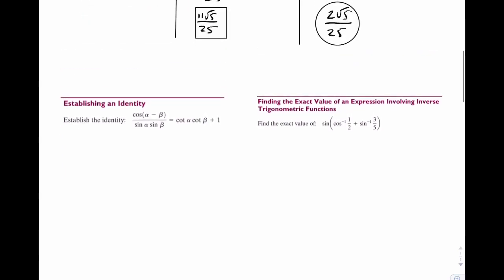Now we have identities, same like last quarter. Let's pick a side. I'm going to pick the left side because it looks like there's less to work with, but actually, if you look at the top, we know what that is now. Cosine of alpha minus beta, that is cosine alpha, cosine beta, plus sine alpha, sine beta.